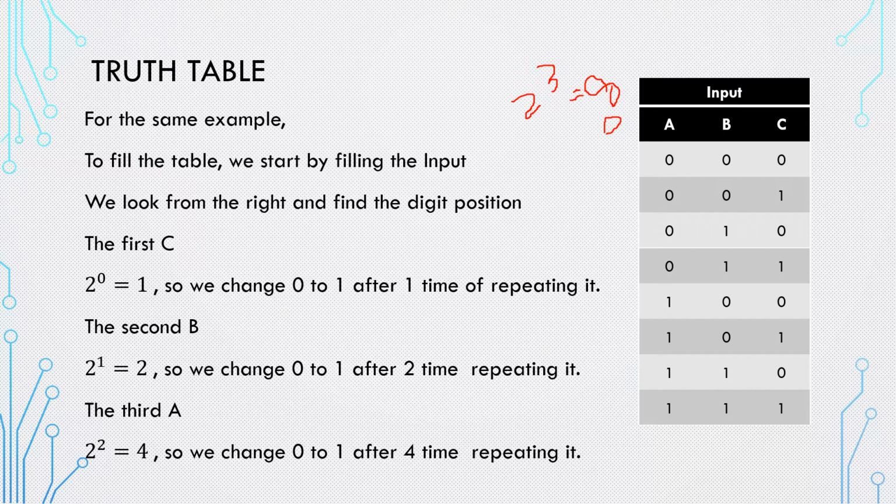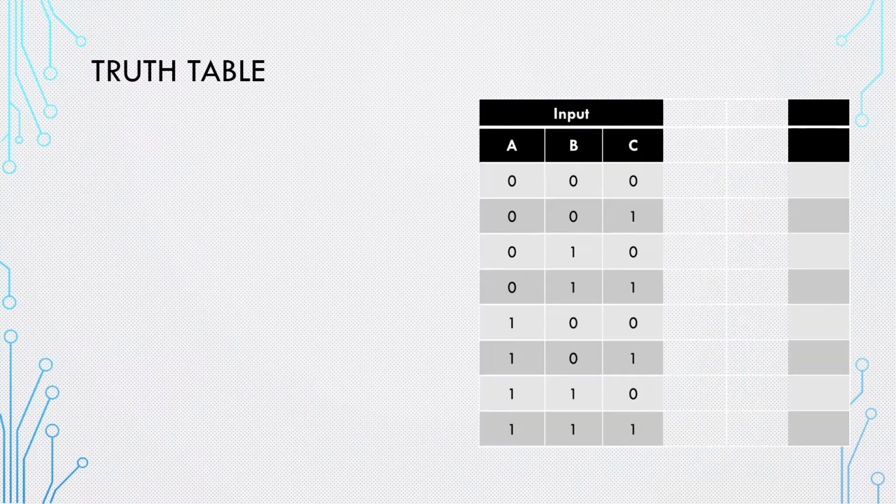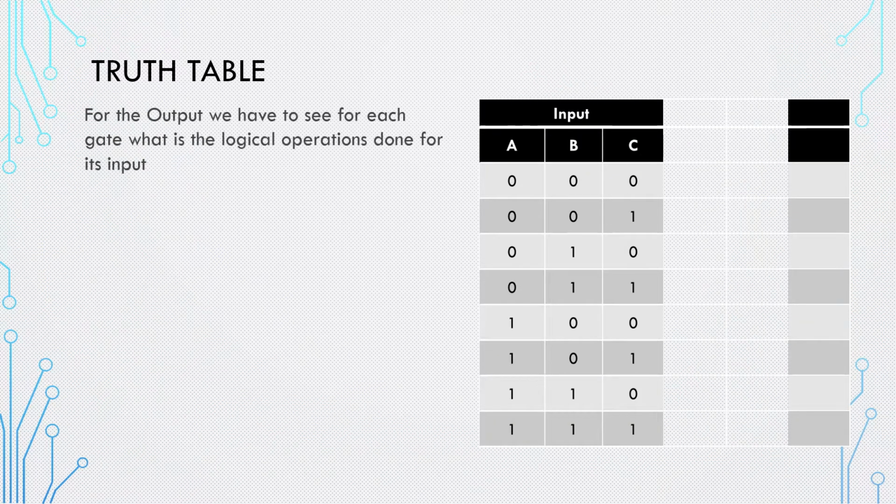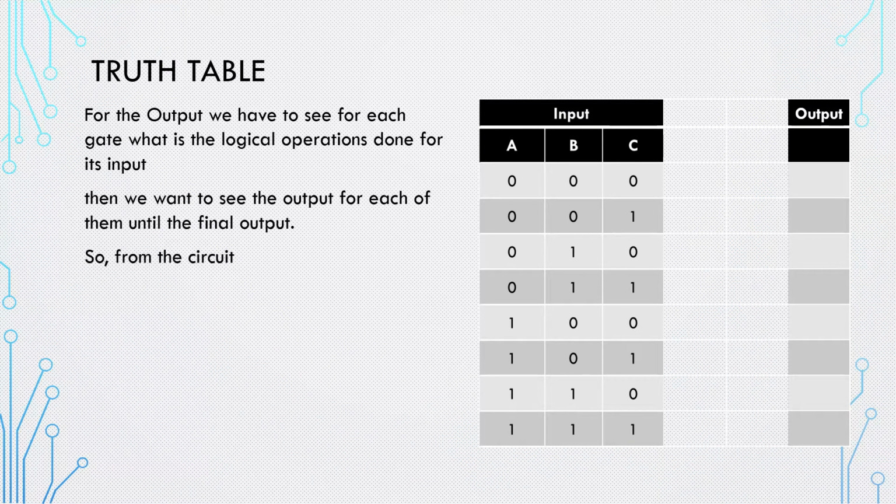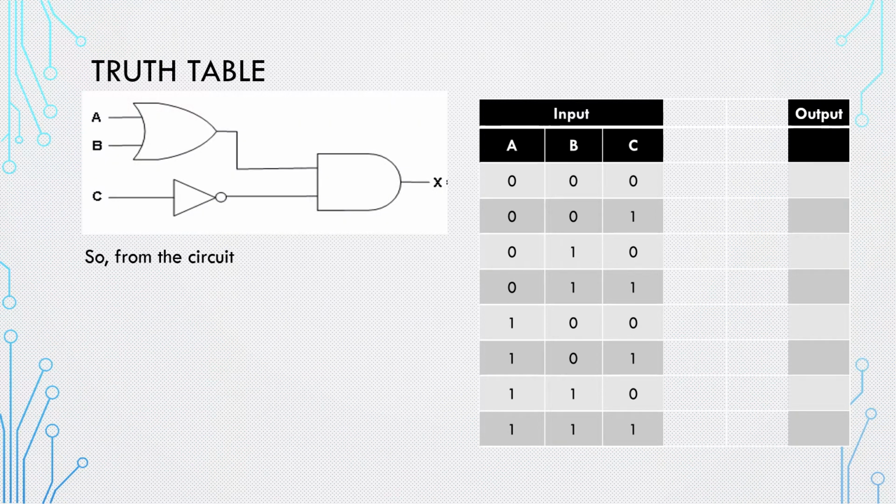But we haven't finished the truth table yet. We want to find the output relation. In order to study the output relation, we need to know the logical operation done by the last logic gate. So if you look at the circuit, you can see that I want to find the output based on what happens if I change the input to different possibilities.